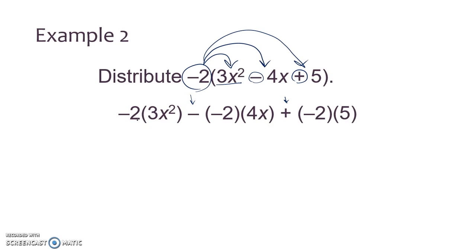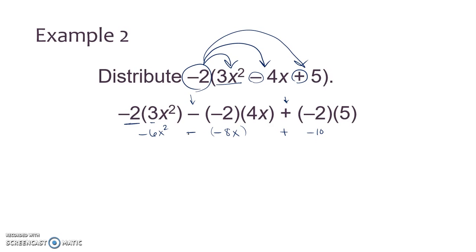So we'll have negative 2 times the 3x squared. Well, negative 2 times 3 will be negative 6. We'll have a minus our negative 2 times 4x, which will be negative 8x, and then plus our negative 10.